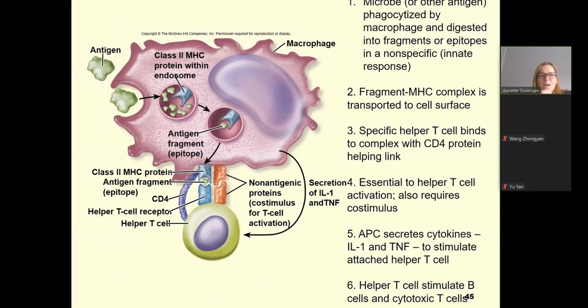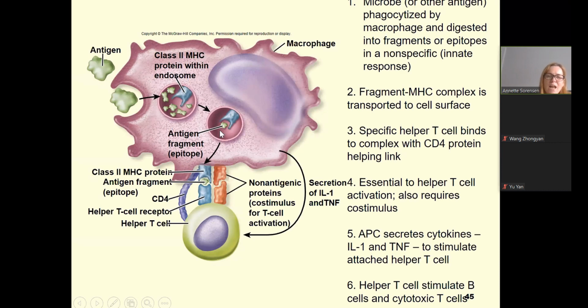So we've got a macrophage here. The macrophage, as you can see, is phagocytosing an antigen. It's come across this antigen and it's phagocytosing it. What happens in the endosome of the cell, as you can see here, is that fragments of that pathogen are complexed with the MHC class 2 protein complex here.